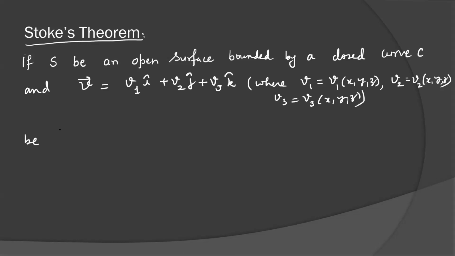B, any continuously differentiable means if we differentiate it, the V function, the output function is continuous also.